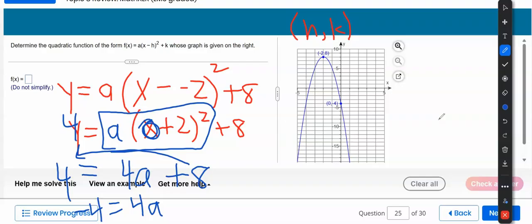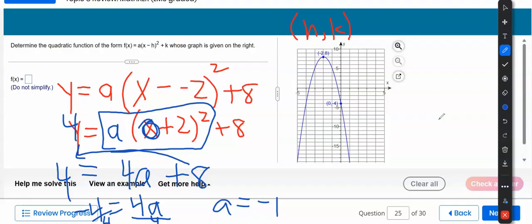Oh, now what? Divide by -4. I would divide by positive 4. Oh, +4, because that's what's in front of the A. Now that does give me an A value of -1.